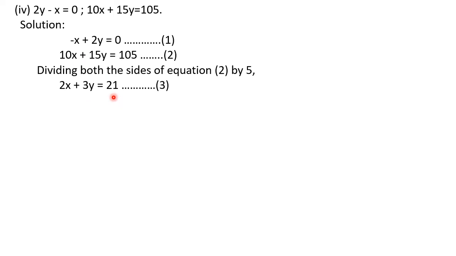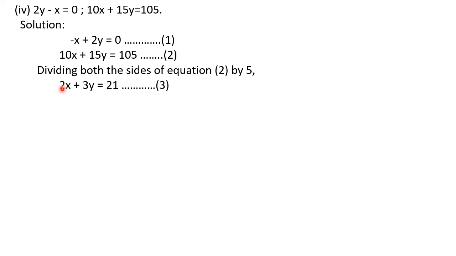Now the next step is to observe the coefficients. See here, the coefficient of x is -1 here and it is 2 here. So the coefficients are not equal. For y also, here we have 2 and here we have 3. So we need to equate any one coefficient. But if we try to equate y, we have to multiply both the places.